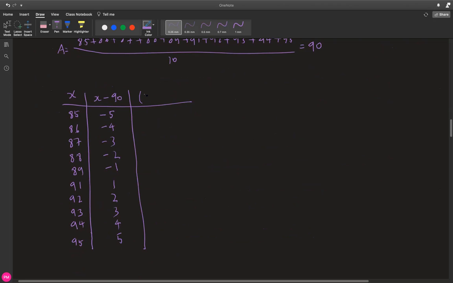So the square deviation is X minus 90, and you square it, meaning -5 squared is 25. -4 squared is 16. -3 squared is 9. -2 squared is 4. 1, 1, 4, 9, 16, and 25.